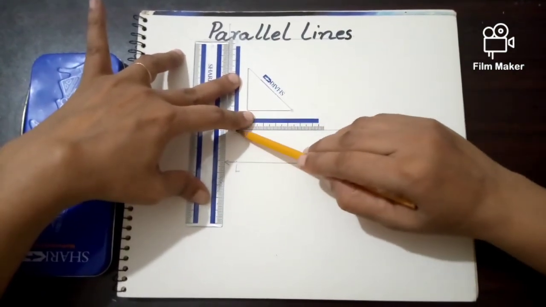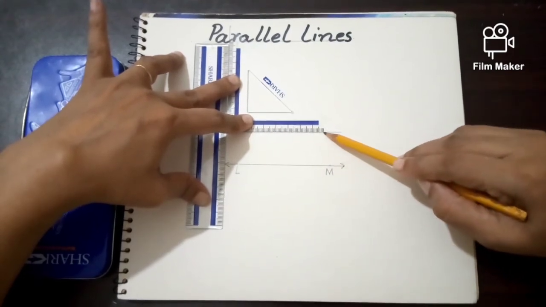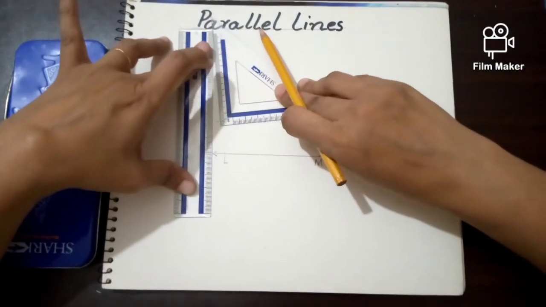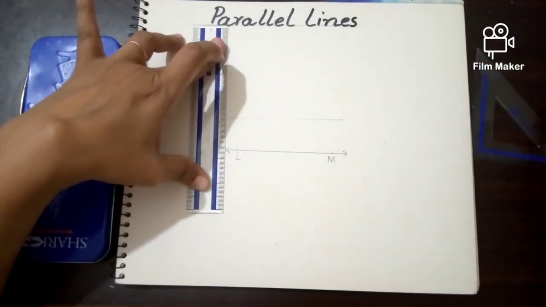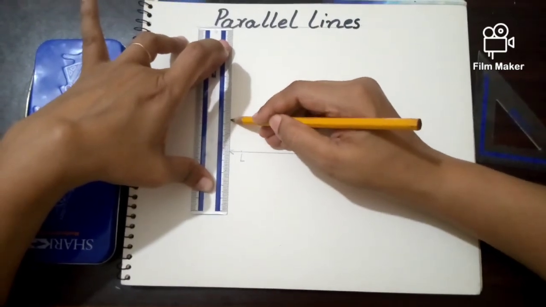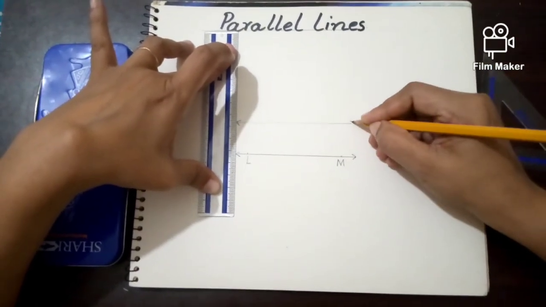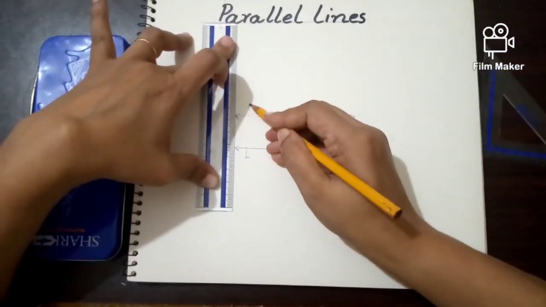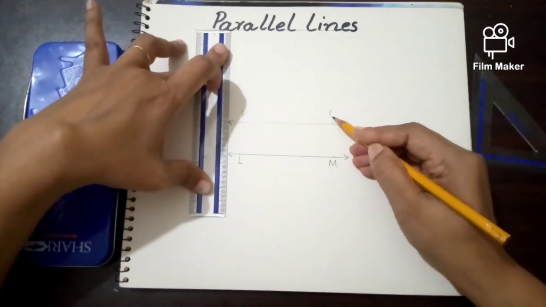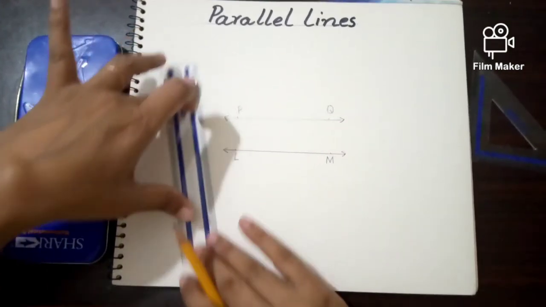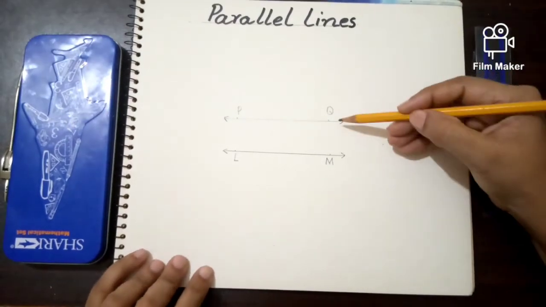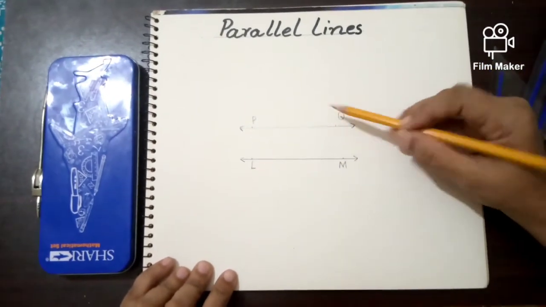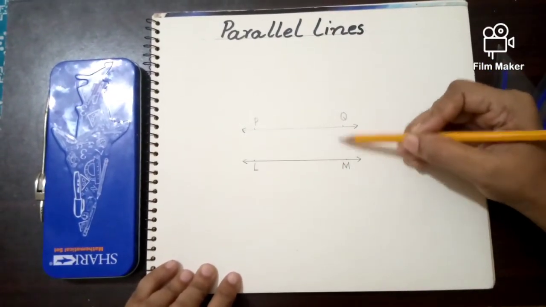Then draw a line parallel to it, then remove the set square. Now we have the line PQ, then remove the ruler. Now you can see that we have parallel lines.